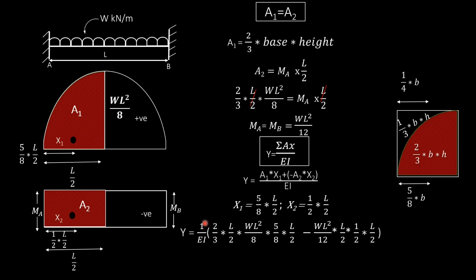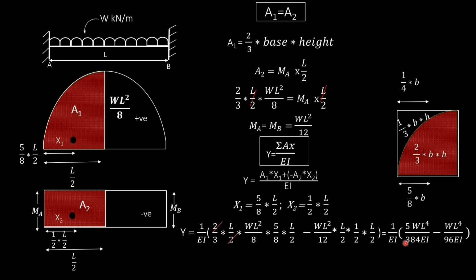So here 2 and 2 get cancelled, and you will get 3 8s 24, 24 8s 192, 192 2s 384. So 5 WL power 4 by 384 you will get here, and here 12 2s are 24, 24 2s are 48, 48 2s are 96.